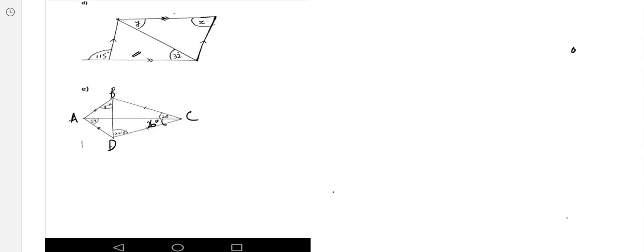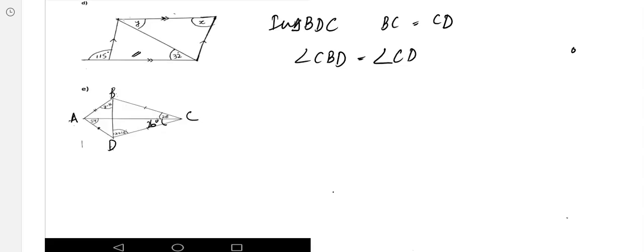In triangle ABD, AB equals to AD, whereas in triangle BDC, BC is equal to CD. It means that the base angle CBD is equal to angle CDB, and that is X plus 16. These two angles are the base angles of the sides CB and CD, and they are equal to each other.